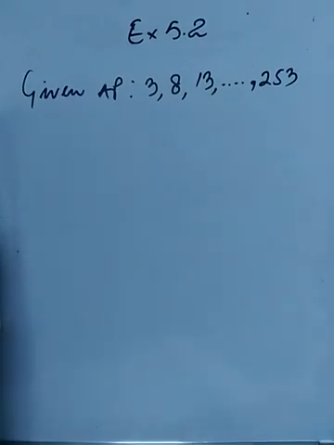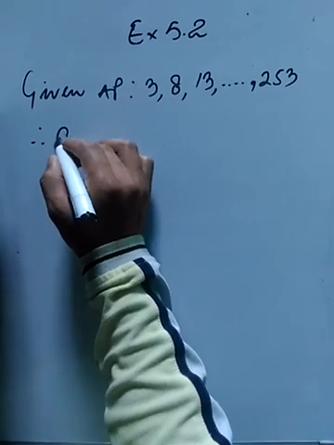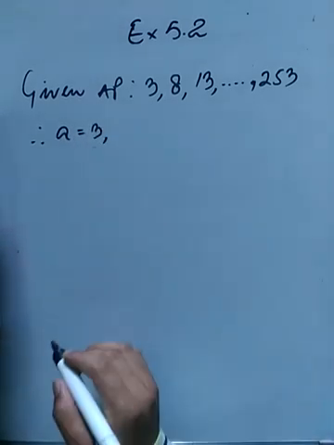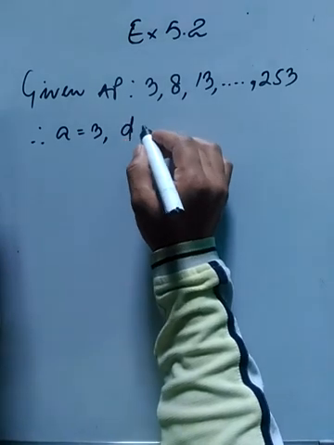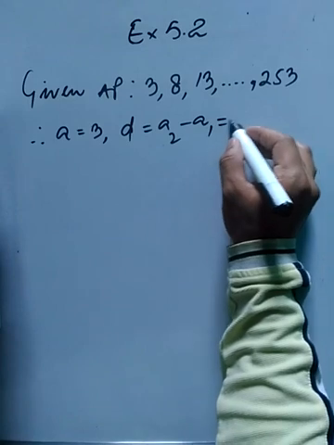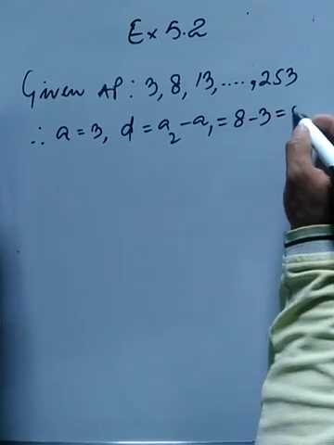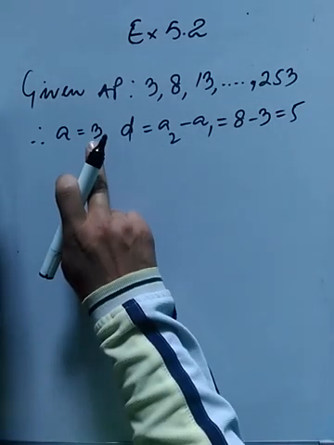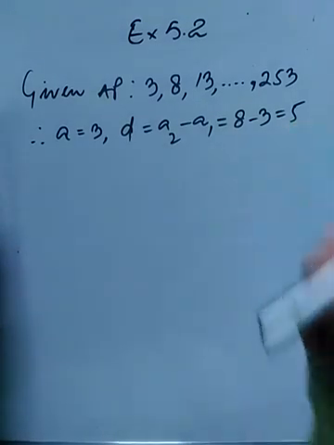This is an AP. So now let us find out the first term and the common difference. Therefore, a is 3. Common difference d is a2 minus a1. So we get here 8 minus 3, we get here 5. Now first term is 3 and common difference is 5.